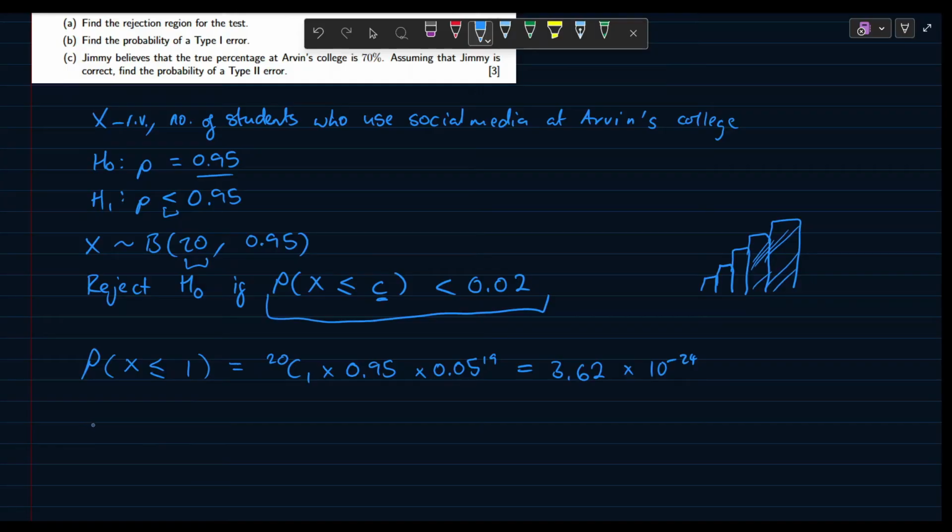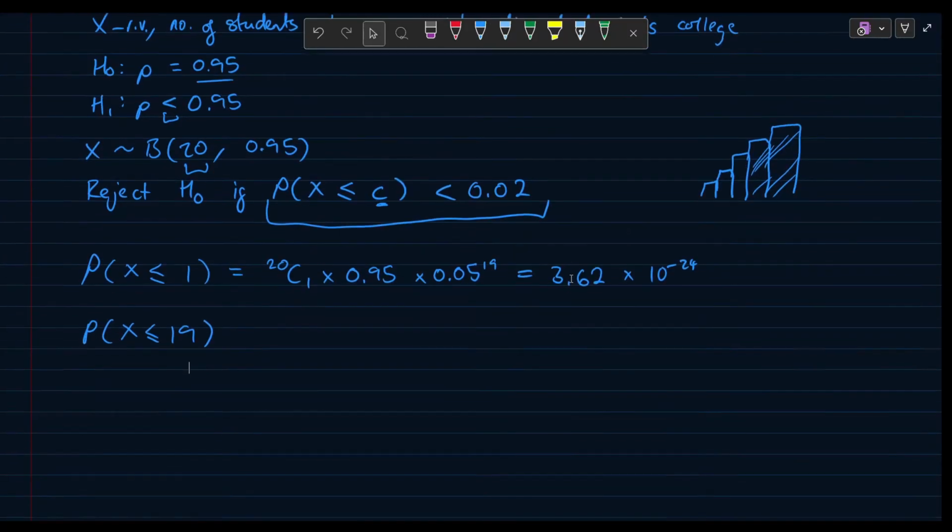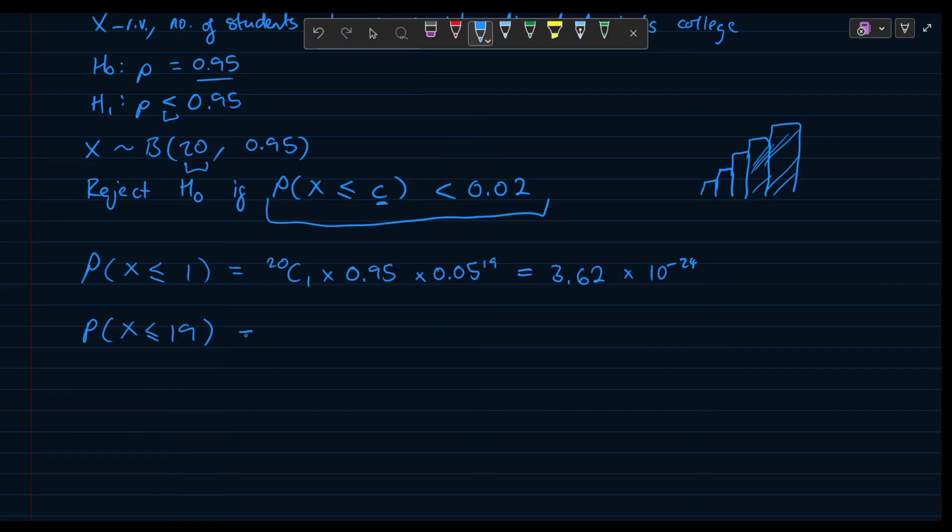We could try the probability that X is less than or equal to 19 and see if this is closer to 0.02. So that's going to be 1 minus the probability that X is greater than 19. So that's 1 minus the probability that X is 20, which would be 0.95 to the power 20.